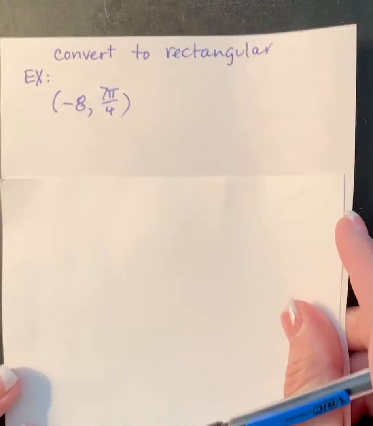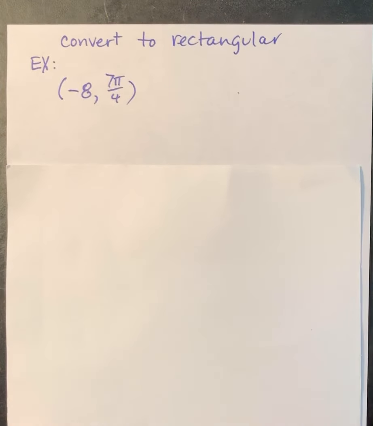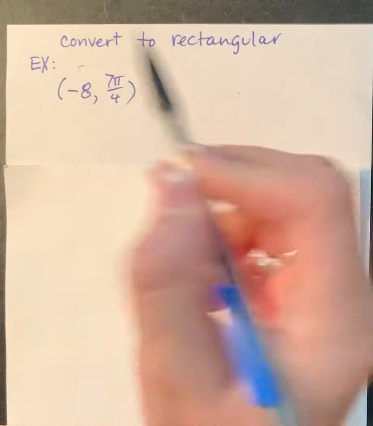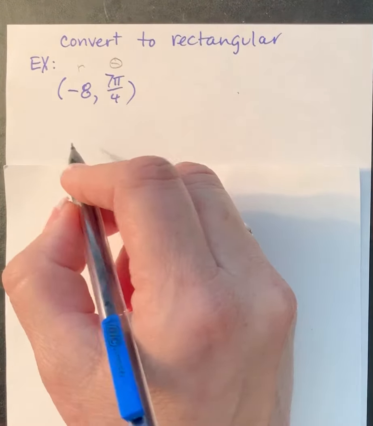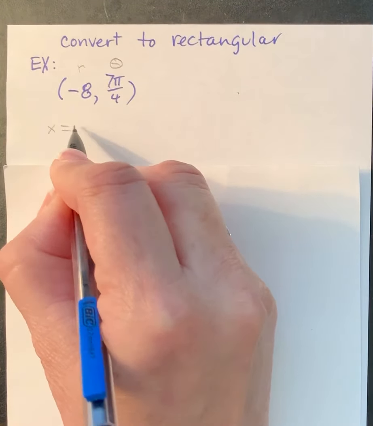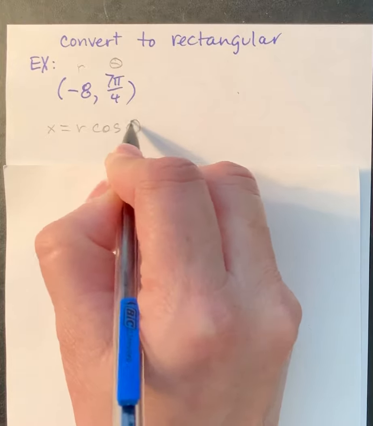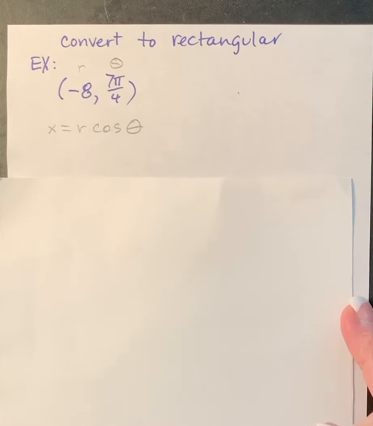So here's a couple problems. Convert to rectangular coordinates. So that implies that this is polar. So our r is -8 and our theta is 7 pi over 4. So x is equal to r times the cosine of theta, and it is worth memorizing this because you use this a lot.